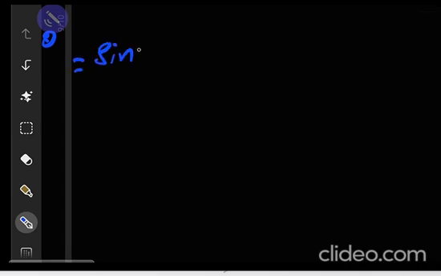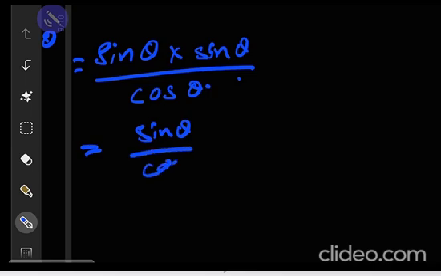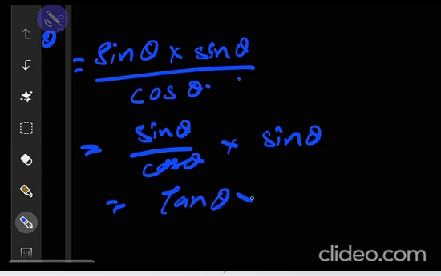Sin square theta I'll write as sin theta into sin theta, divided by cos theta. So sin theta by cos theta into sin theta. This is tan theta into sin theta, which is nothing but the RHS.